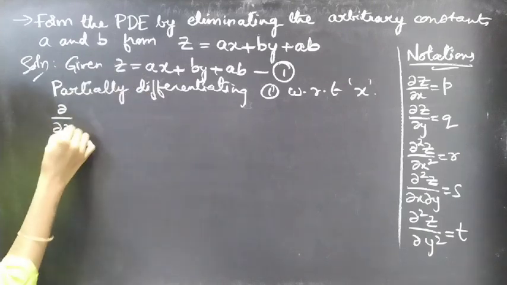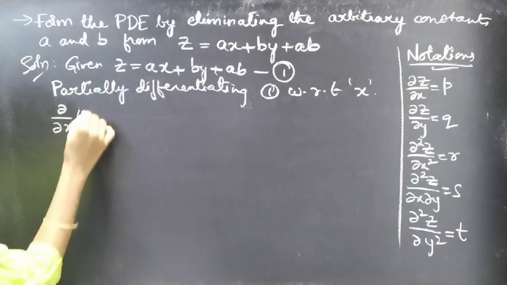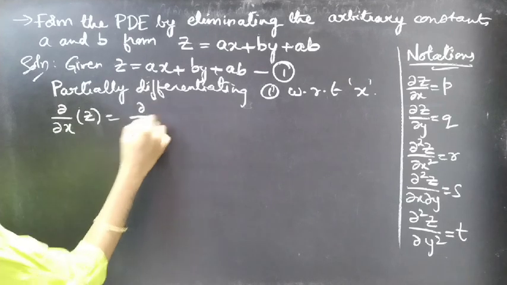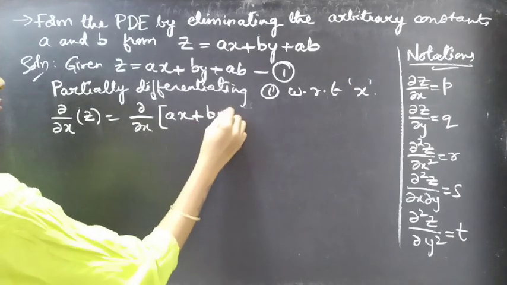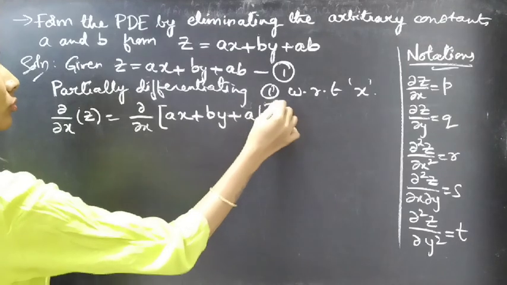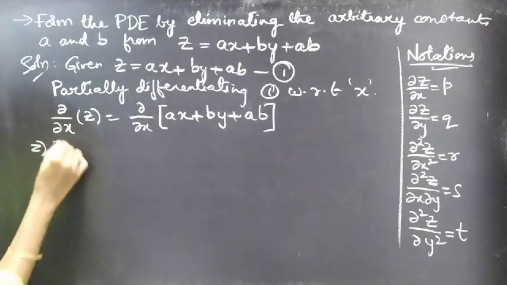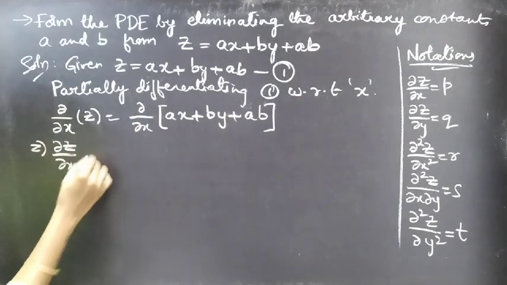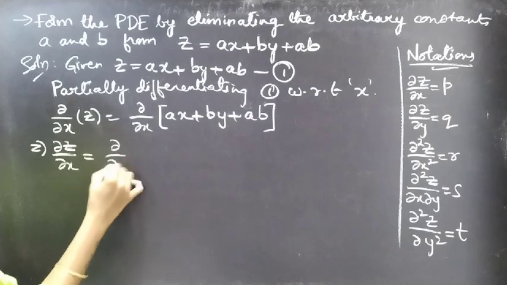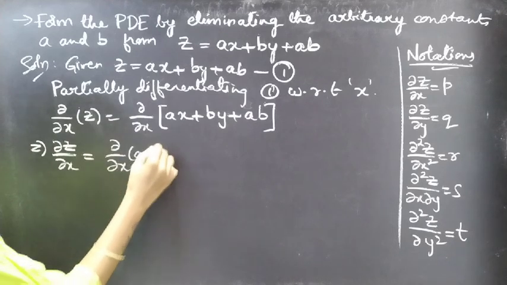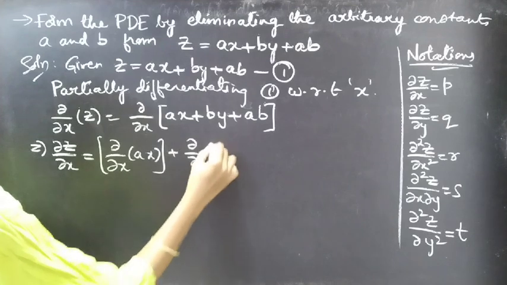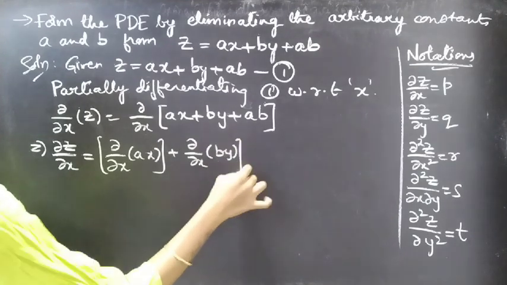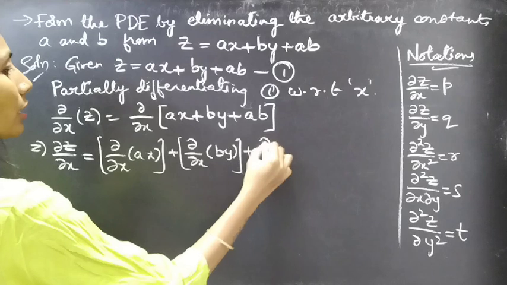So we'll apply dou by dou x on both sides of this equation, which gives us dou z by dou x equal to partial derivative of first term plus partial derivative of second term plus partial derivative of last term.